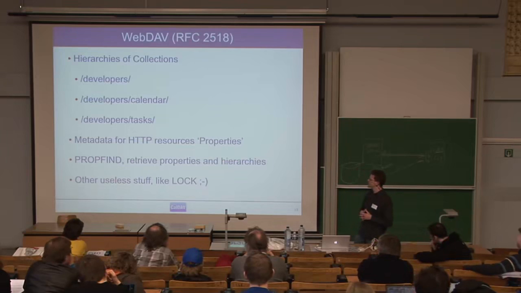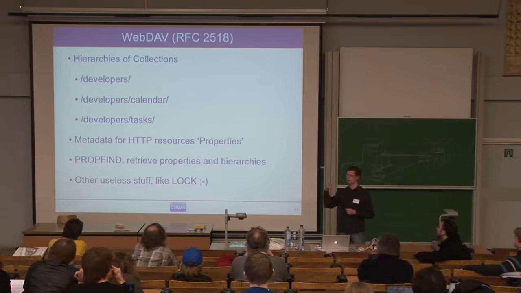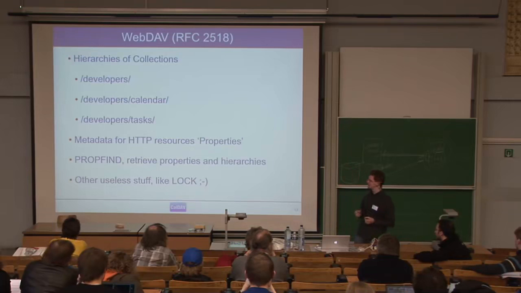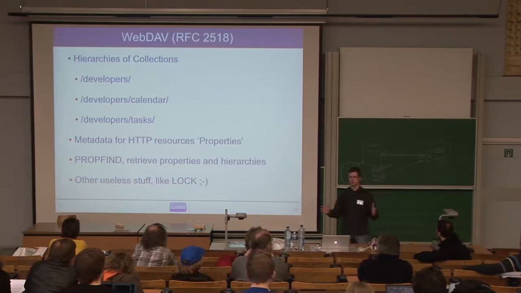Another addition is that WebDAV has a concept of metadata. They're called properties in WebDAV. So by using PROPFIND, you can also discover stuff like when the file got modified, what the ETag is, and other stuff. It's also the basis for WebDAV extensions. It has a few other things like, for example, LOCK, which allows you to lock a collection for modification.